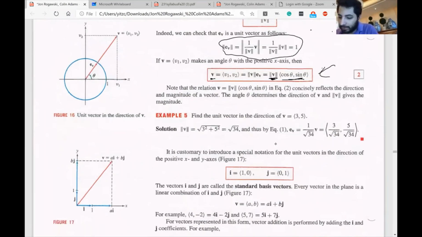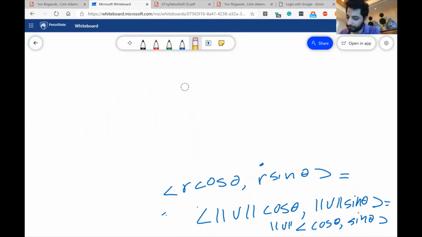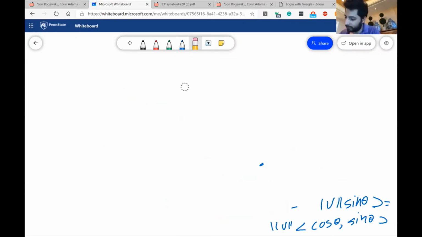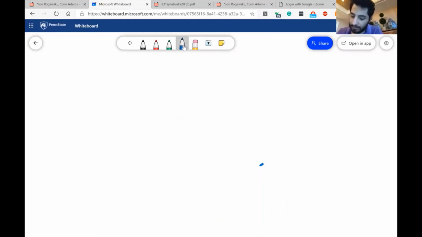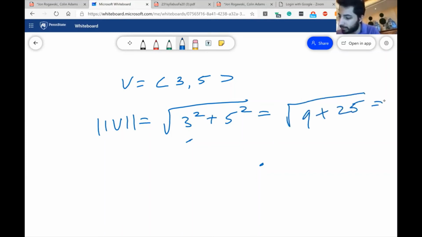Okay, so now they want us to find the unit vector in the direction of V, which is 3, 5. So my vector V is the vector 3, 5. So what's its unit vector? First, the magnitude of V is going to be equal to the square root of 3 squared plus 5 squared, which is the square root of 9 plus 25, which is equal to the square root of 34.